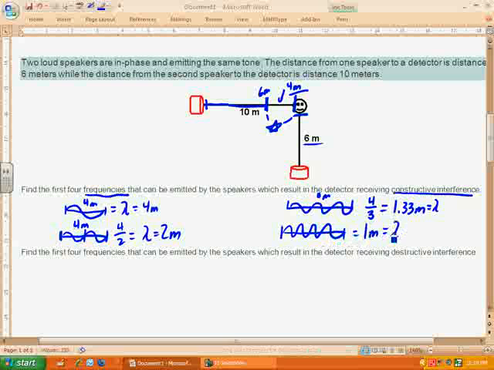Alright, now that I've got these wavelengths, knowing that the speed of sound is 340, which is equal to the frequency times the wavelength, then I can just divide 340 by the wavelength to get the frequency.